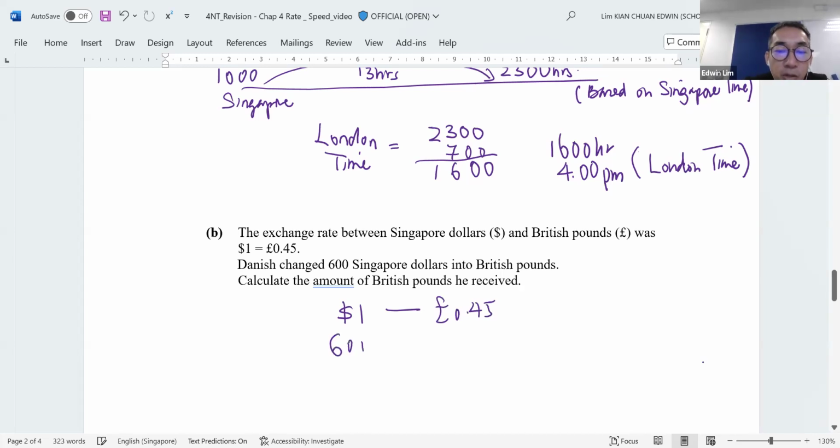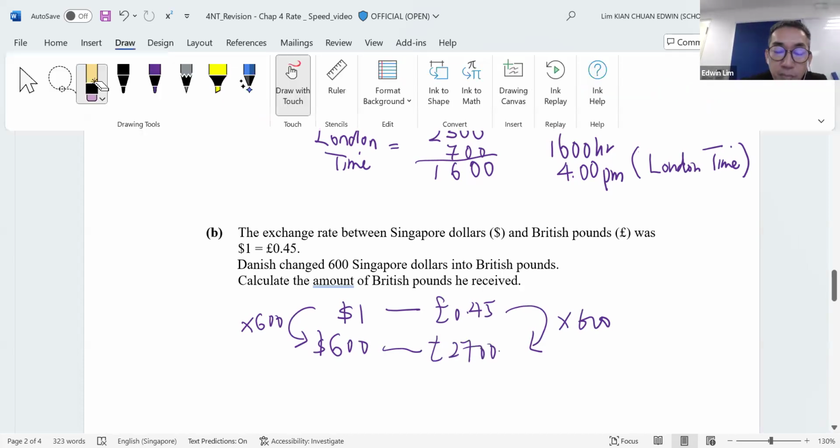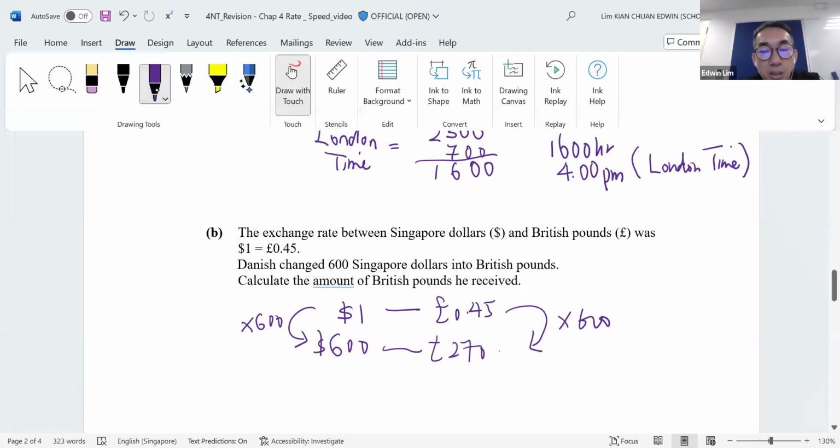So now I increase by how many times? I change 600, so times 600. So this also times 600. So 0.45 times 600, I will get 270 British pounds. 270 only, not 2007. All right, 270 pounds as the answer.